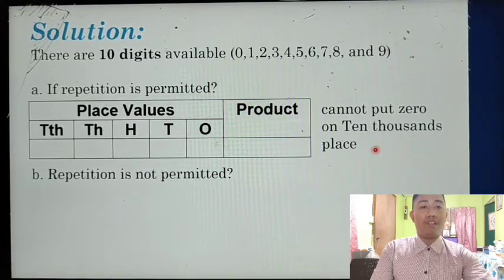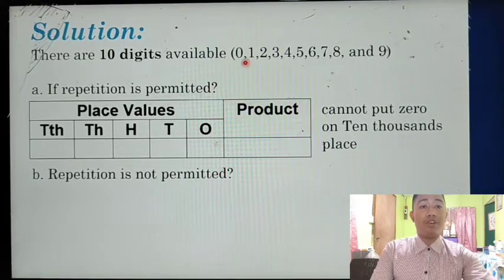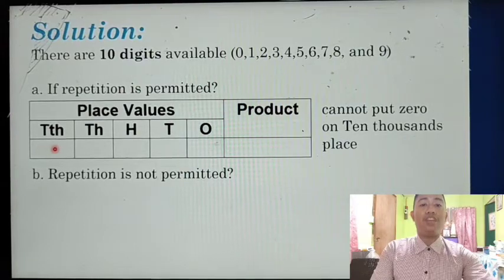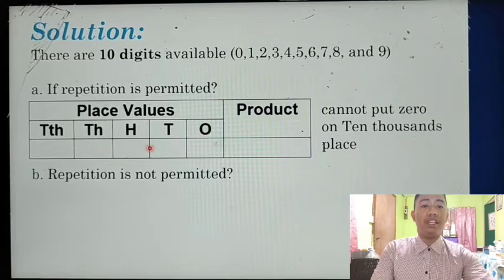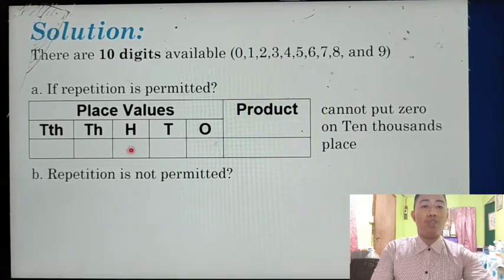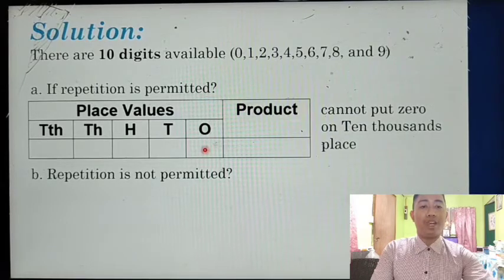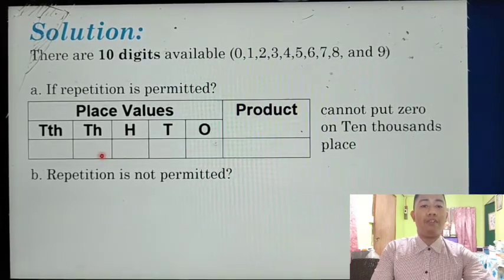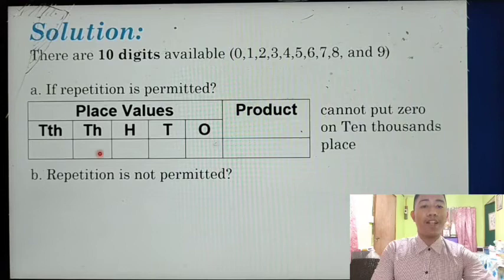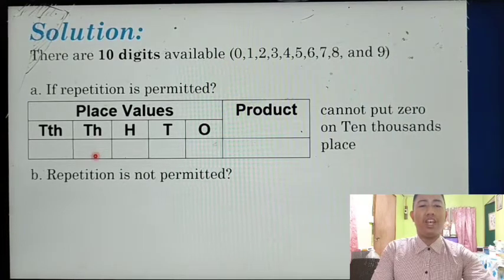What is the reason? Imagine when you put 0 on the 10,000s place and any digits after it, for example 0, 1, 2, 3, 4. It cannot be read as 10,000s, it would just be 1,234. So that is wrong.